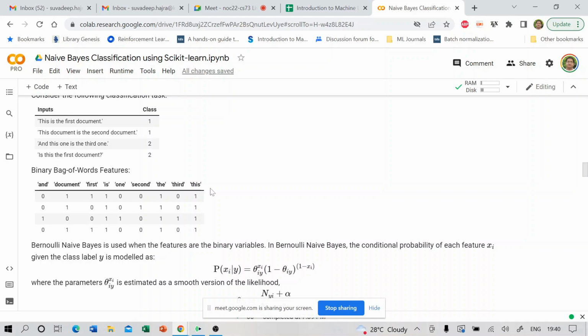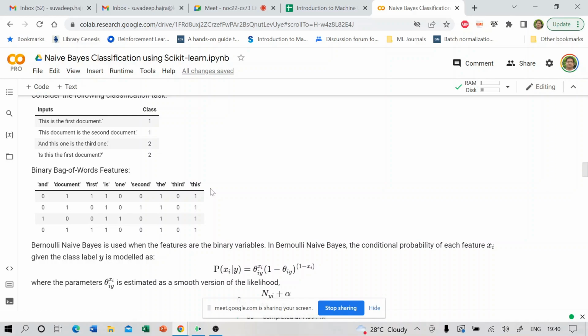On the other hand, the word and does not appear in the sentence, so we set 0 for and. Similarly, the word second does not appear in the first document, so we set 0 corresponding to second. In that way we can create the feature matrix.